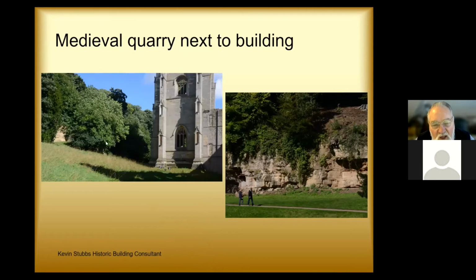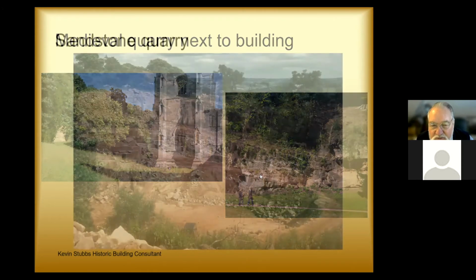That's the quarry face. And in fact, the quarry bed has been used for part of the ground plan of the abbey. And the coarser upper courses of stone were used for the rubble core, and the lower beds were used for the finer ashlar work. And so you get this very close proximity between quarry and building construction.